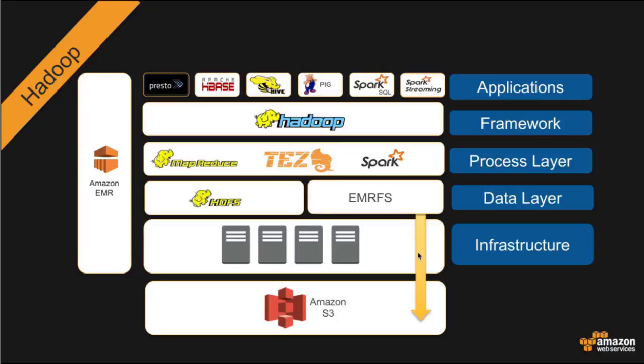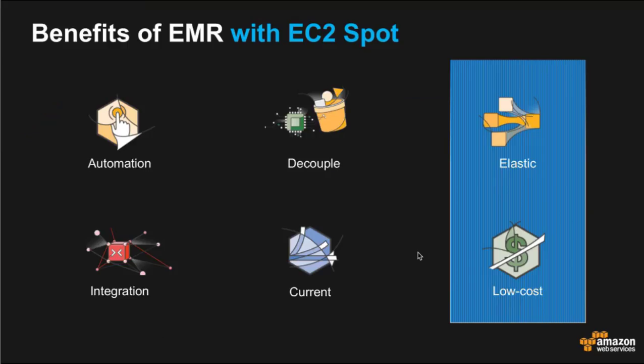The second aspect is that it is also going to give you the scale to process your big data jobs faster and be able to lower the cost as a side aspect of it. I'm just trying to highlight here how EC2 Spot could help big data and EMR architectures to optimize both the cost aspect of the compute and also give you the elasticity.